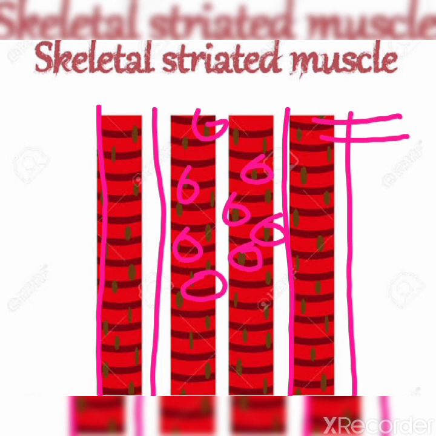Clear, children? These actin and myosin contract and relax the muscles to bring about movement. So due to the dark and light bands, these are also known as striated muscles.